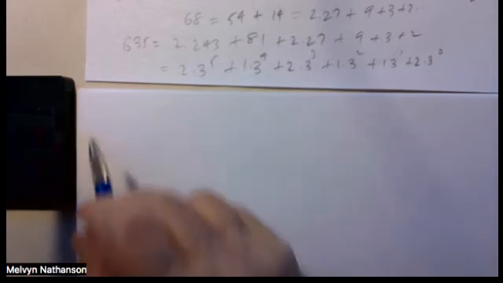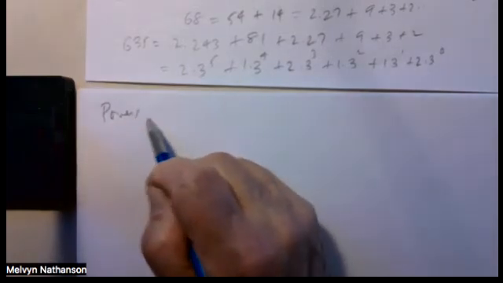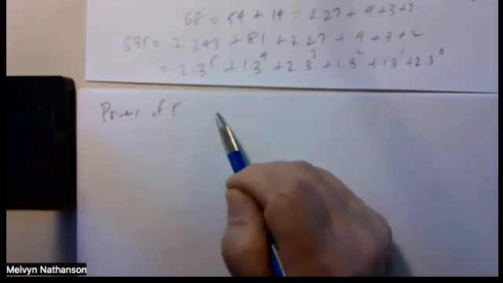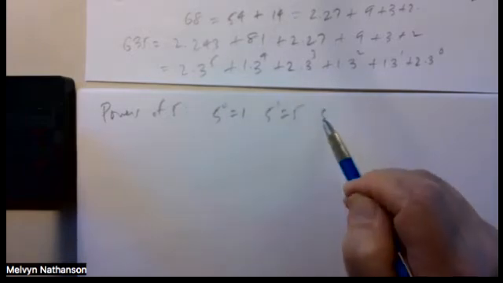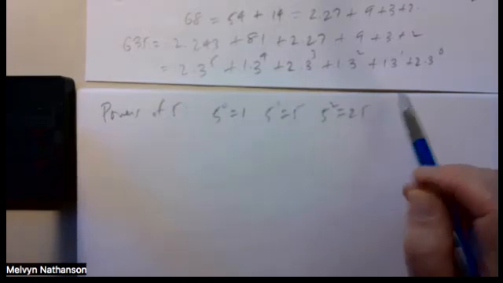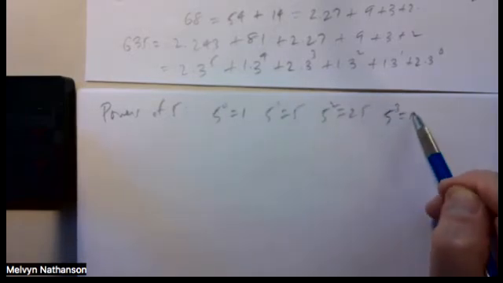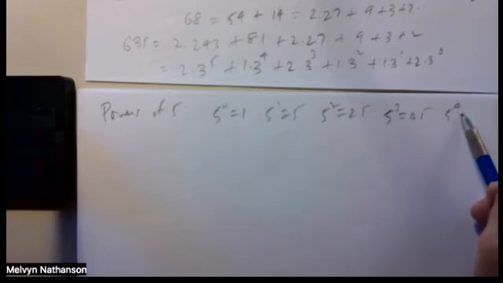And if I write 635 to base 5, the powers are: 5 to the 0 is 1. 5 to the first power is 5. 5 squared is 25. 5 cubed is 125. 5 to the 4th is 625.